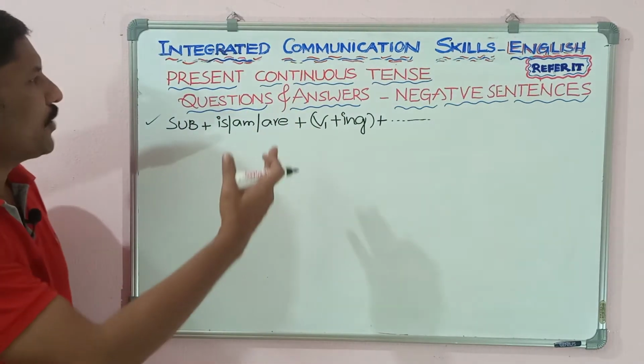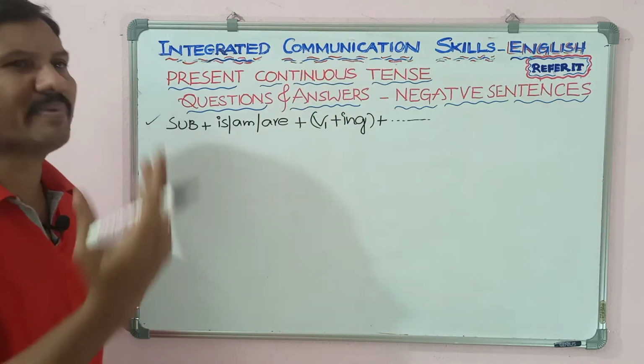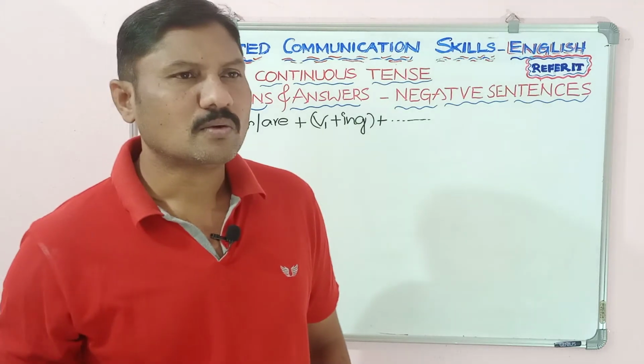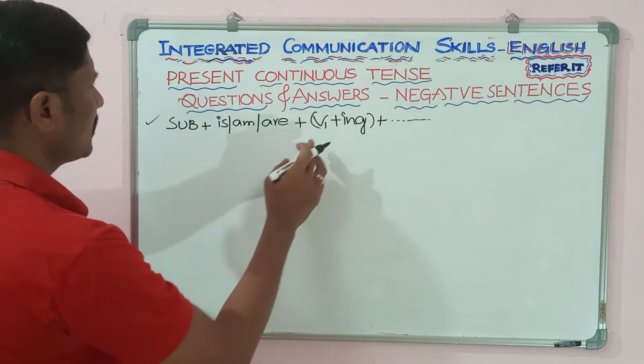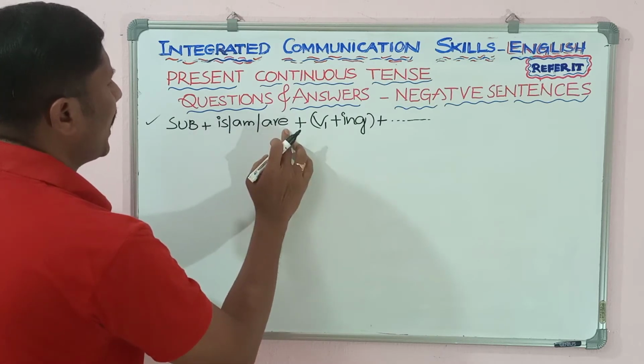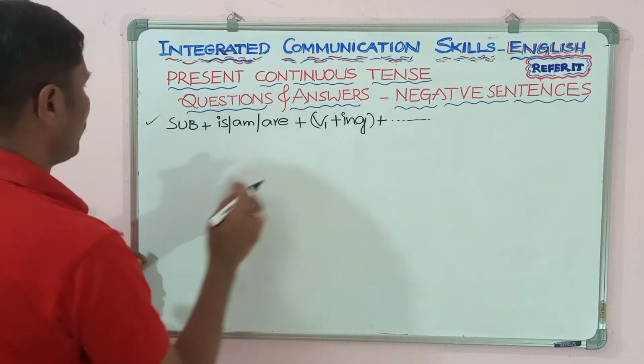Now we are going to know how to write negative sentences. For framing negative sentences, we just have to add not between the helping verb and the ing form verb, V1 plus ing form.